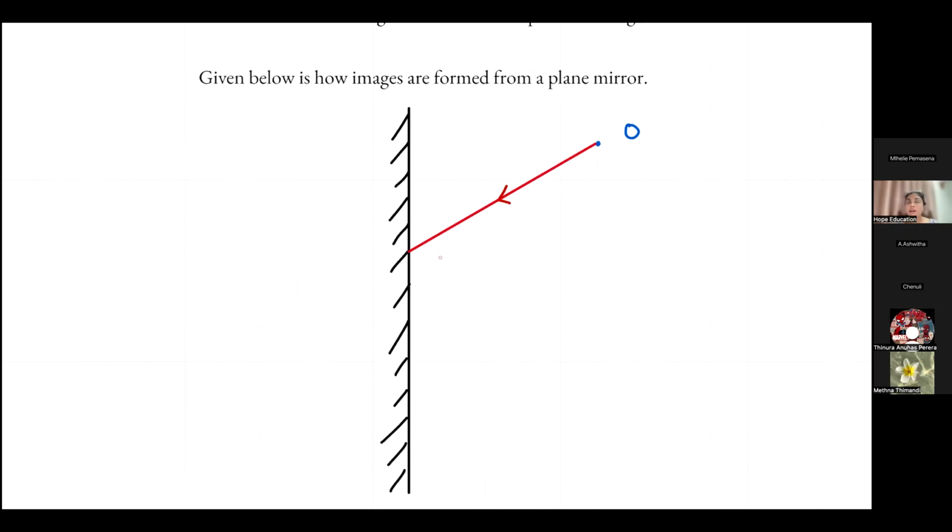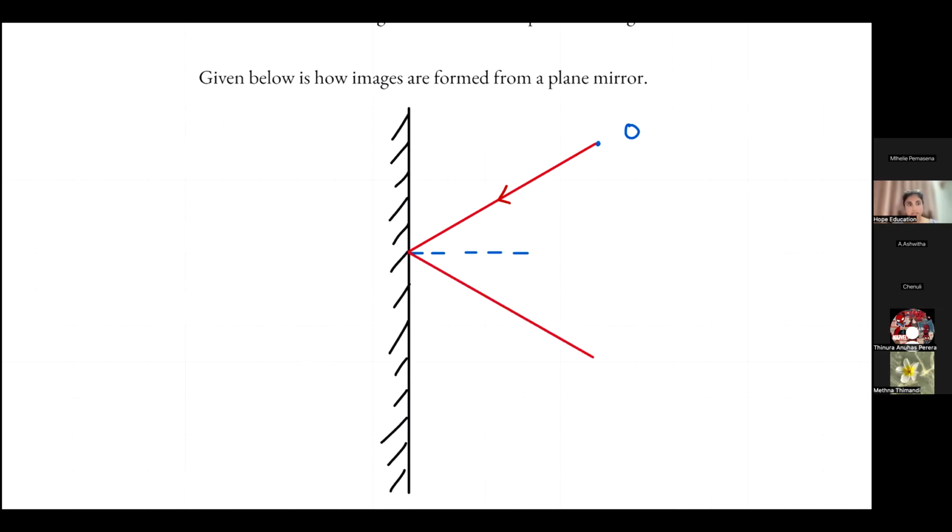Now in a plane mirror, when you send a light ray at an angle, let's say this is the normal. At the point of incidence, you can draw a normal.